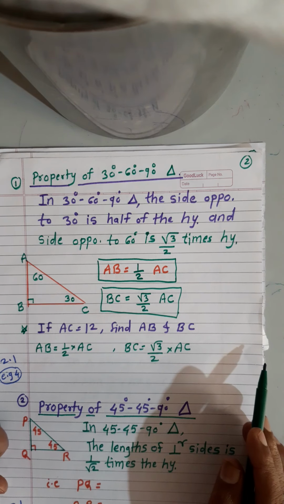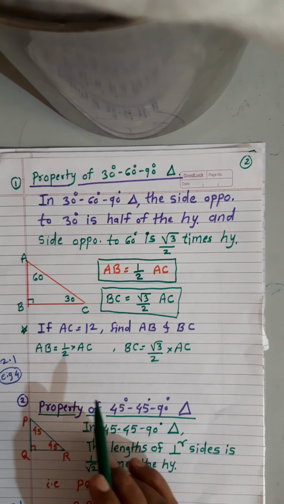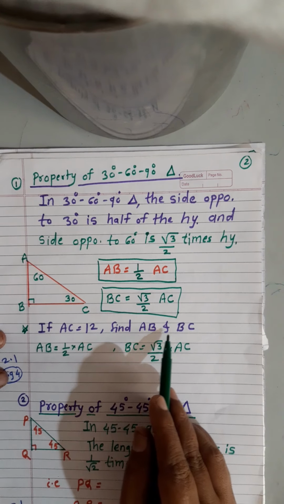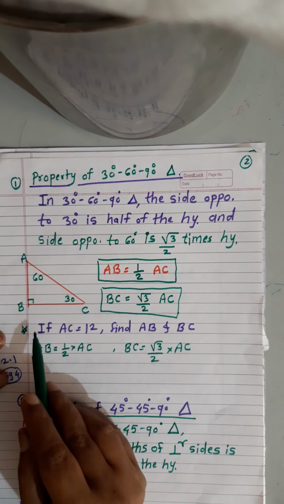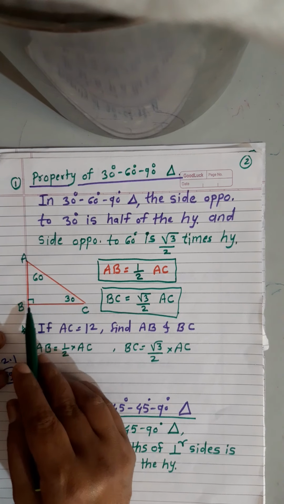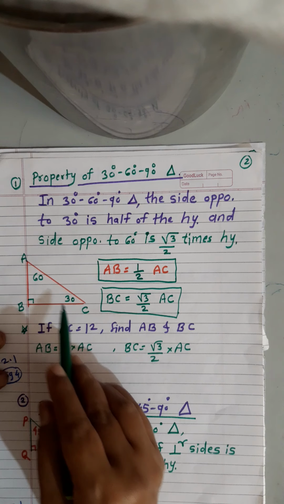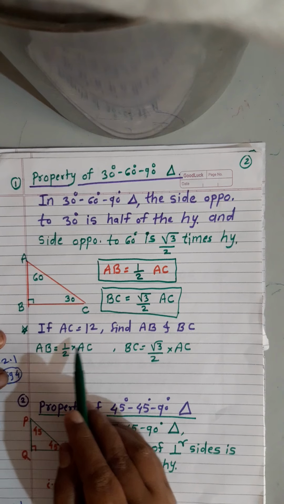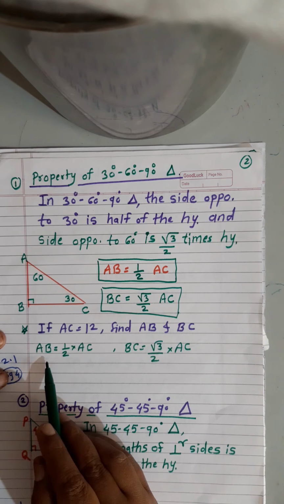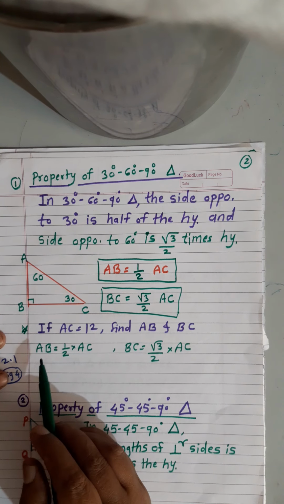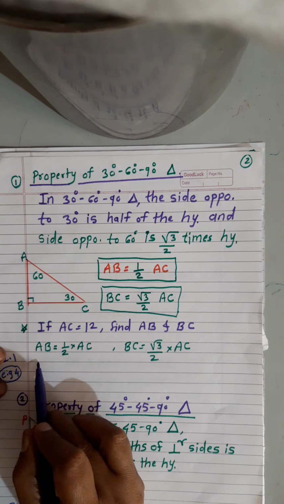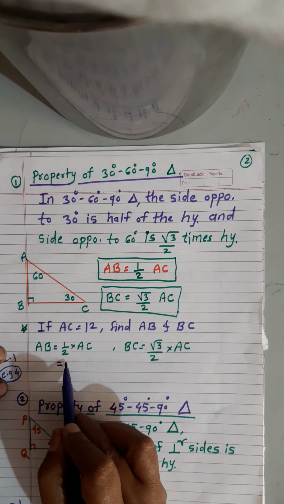Now suppose we take a problem: if AC equals 12, then find AB and BC. Now see, triangle ABC is 30, 60, 90. Here AC equals 12, AC is the hypotenuse. Now we have to find AB and BC. AB means the side opposite to 30. Side opposite to 30 is half that of the hypotenuse.